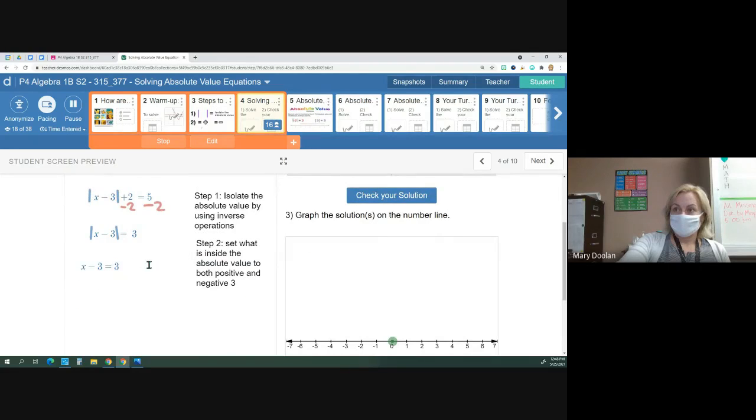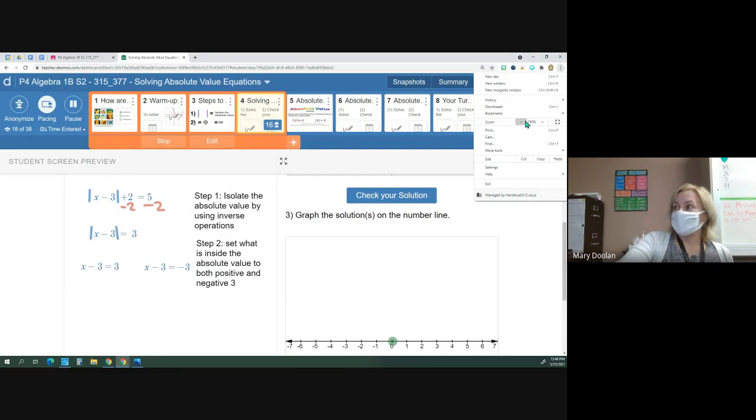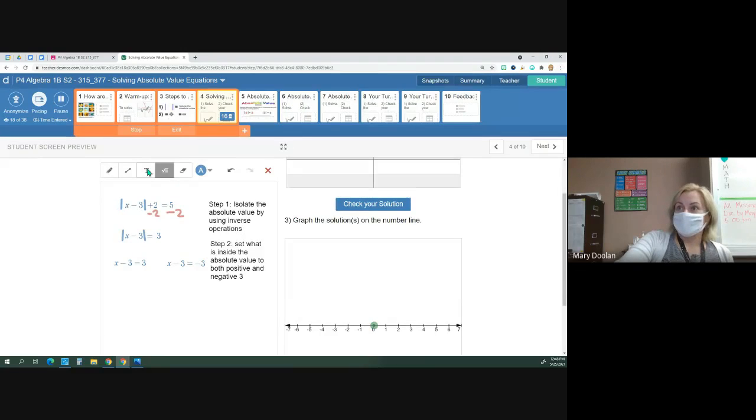And then the other equation we're going to get is x minus 3 equals negative 3. So we're setting it to both versions. We take this, and it's either equal to positive 3 or negative 3. I'm adding more steps here than they originally gave us, but that's okay.